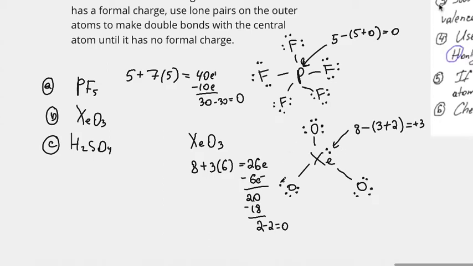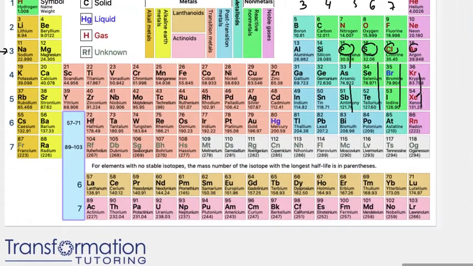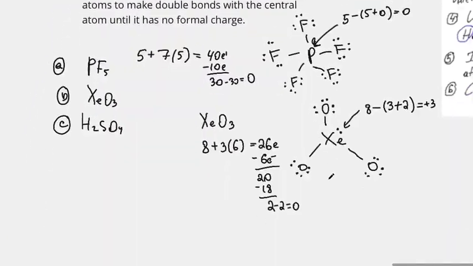So right now, even though everyone looks happy, when you check xenon on the periodic table, just go ahead and check to make sure. You see xenon is in period 3 or lower. It's below period 3, so it can have an expanded octet.